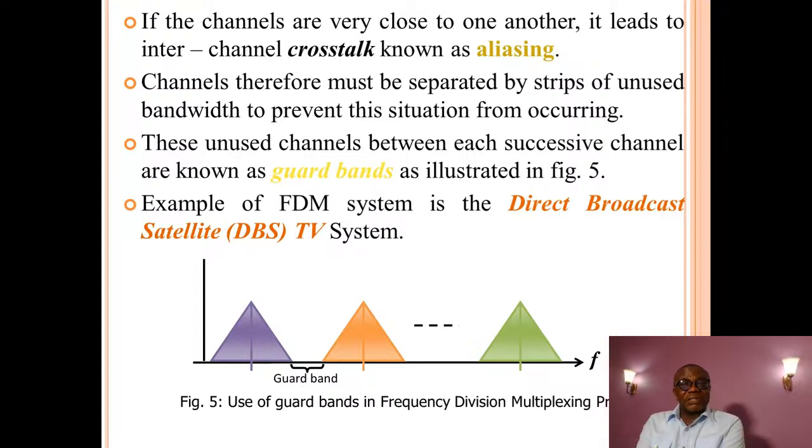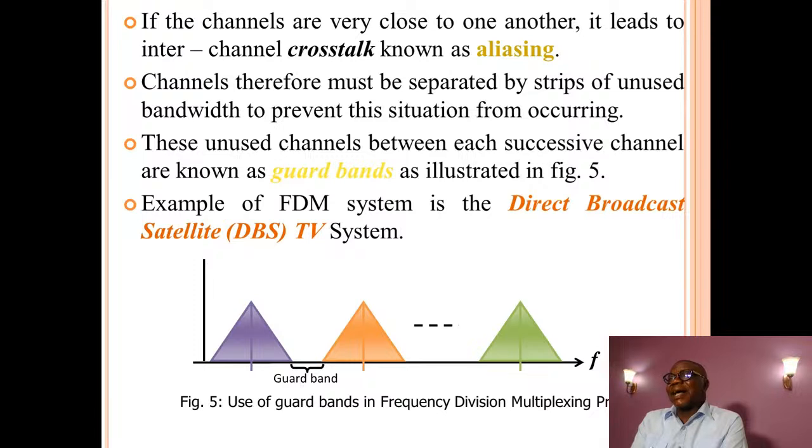Now, what is an example of crosstalk? You see that in TV broadcasting, aliasing makes pictures have shadows. But if we talk of voice communications, at times you make a call, and you hear other people conversing, but they are not the people you called.